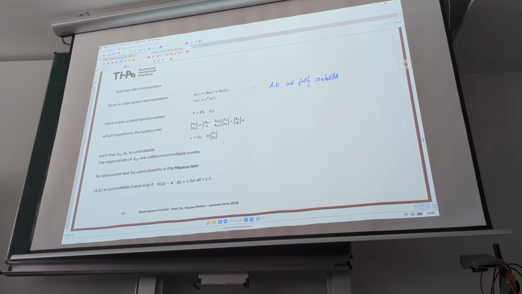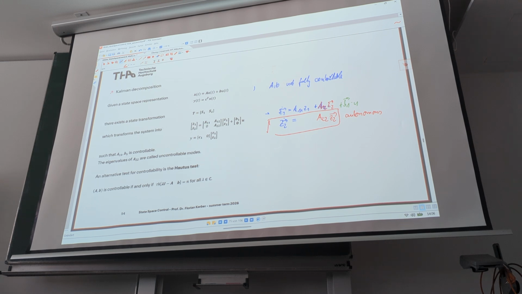If that's the case, then such a transformation exists, which basically yields a decoupled, there exists a decoupled subset of the state space, which is purely autonomous, as a dynamic or a subdynamic of the state space.